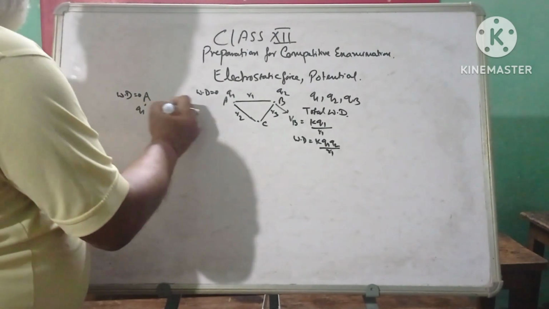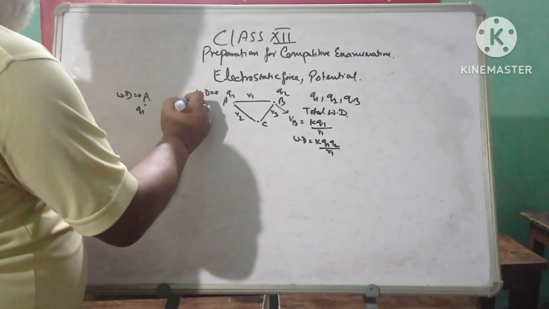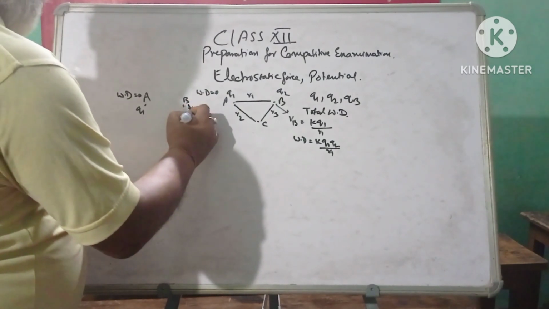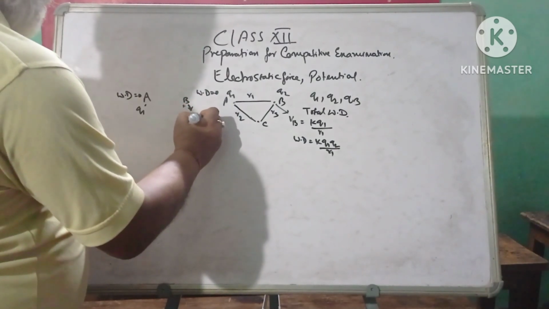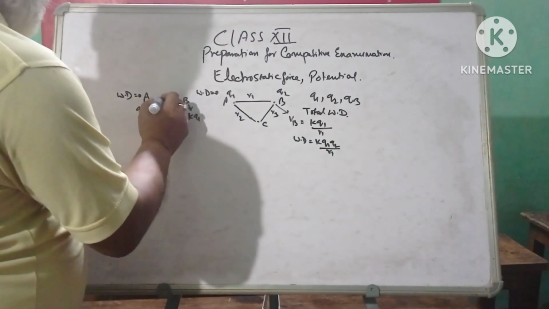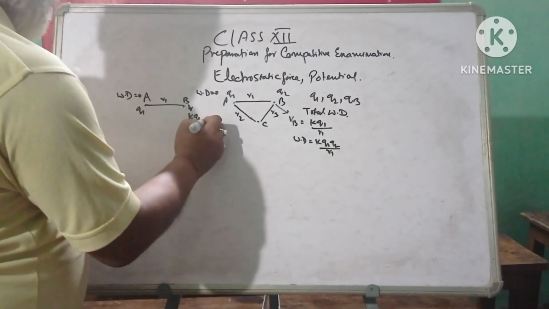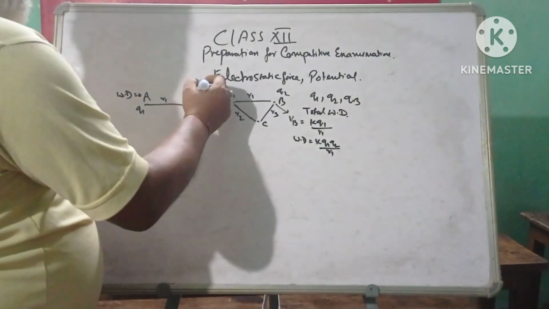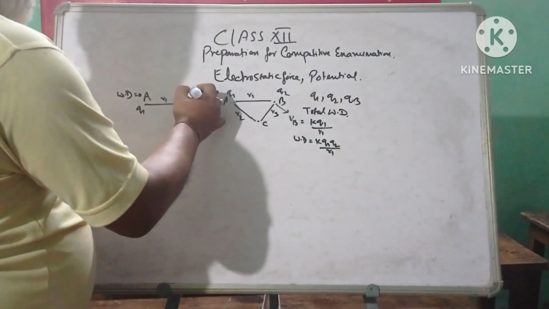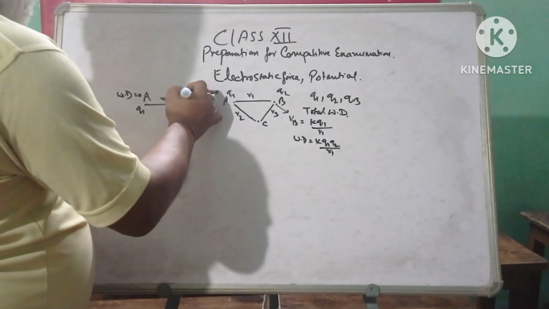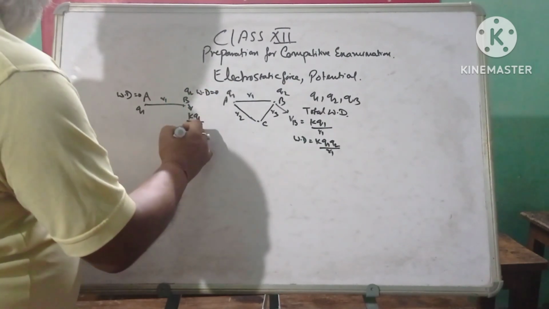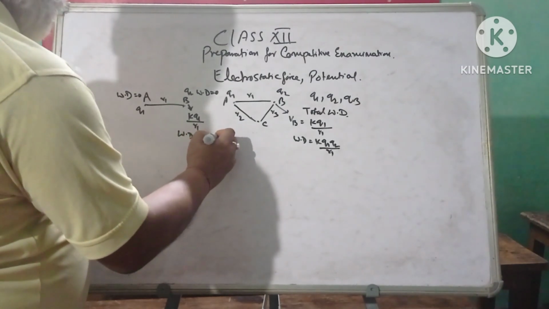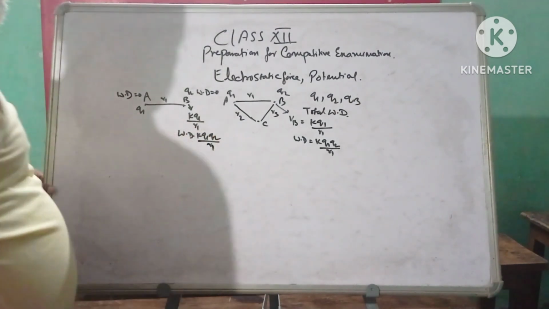Now, because of Q1, the potential at point B is KQ1 by R1, where this distance is R1. When I bring the charge Q2 to this point, the work done will be K Q1 Q2 by R1.